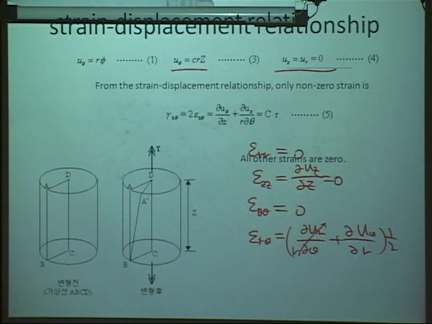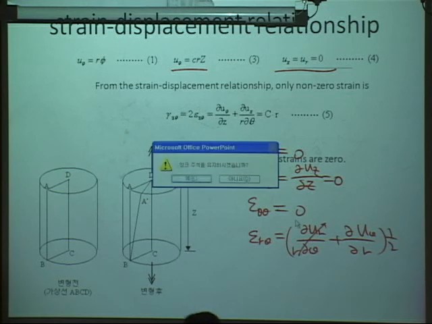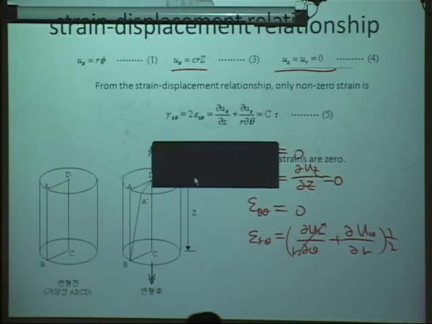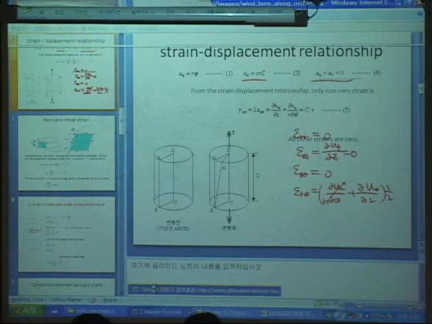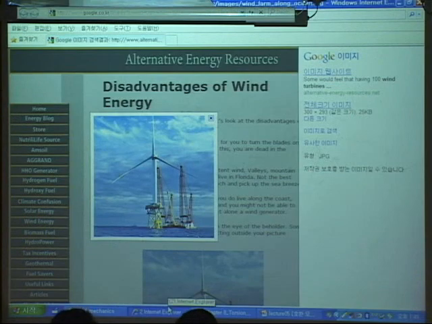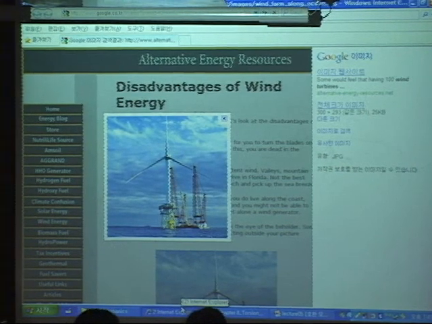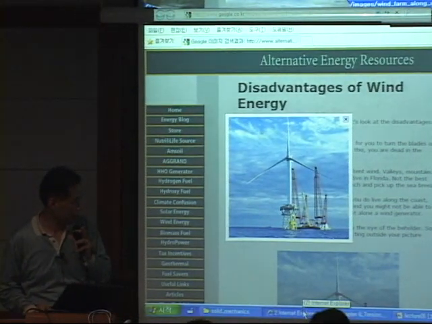Okay, let's find out that equation. That is the only difference between Cartesian and polar coordinate.